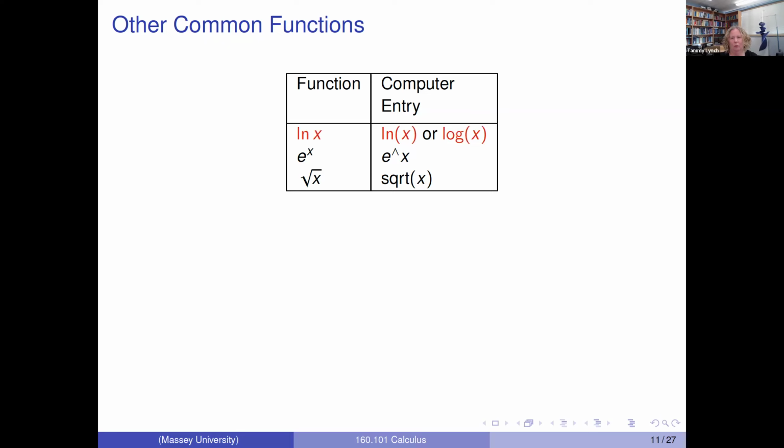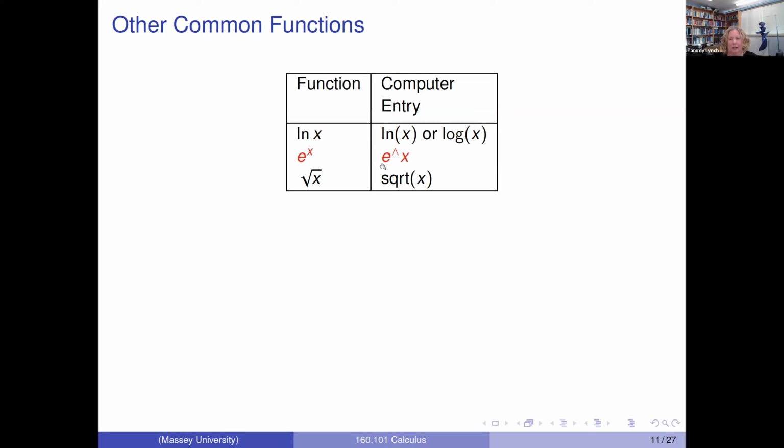And so the natural log of x can be entered into the computer in two ways. It's a function, so we write ln, meaning natural log, and then what's the input into that function? Whatever it is, we put that inside of brackets. In this case, our input is x. You can also use log to mean the natural log. So log, brackets, whatever your input is, in this case x, will also work.